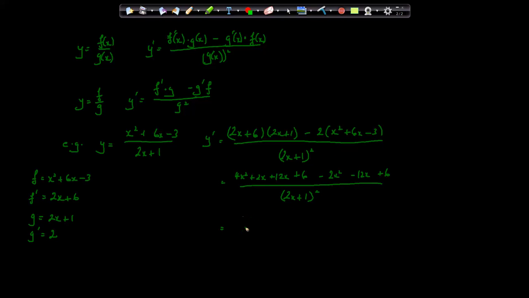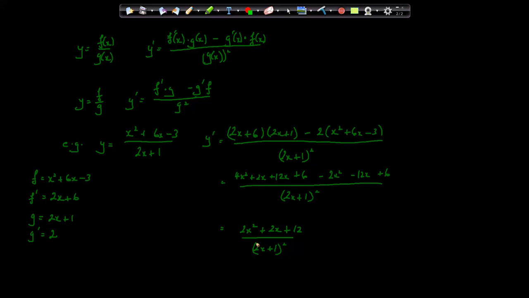Okay, simplifying the top line, we get a 2x squared, that minus that, that's 14x, take away 12x, so it'll be 2x, and 6 plus 6 is going to be 12, all over (2x plus 1) squared.